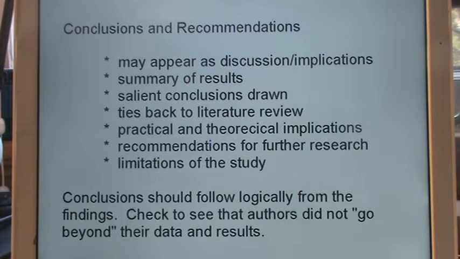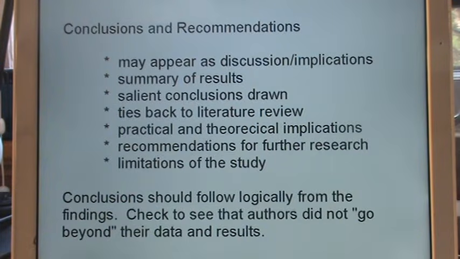And then the final section is usually your conclusions and recommendations, although sometimes it's called discussion or implications, or maybe all of those. It's a summary of your results. It draws the important conclusions from the results. It ties back to the review of the literature, which was the background and historical context.